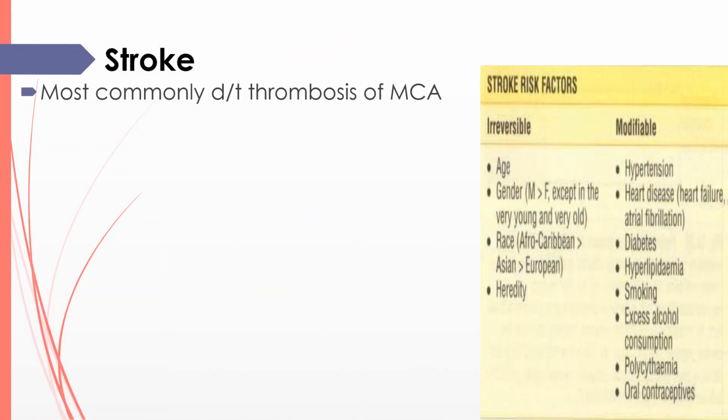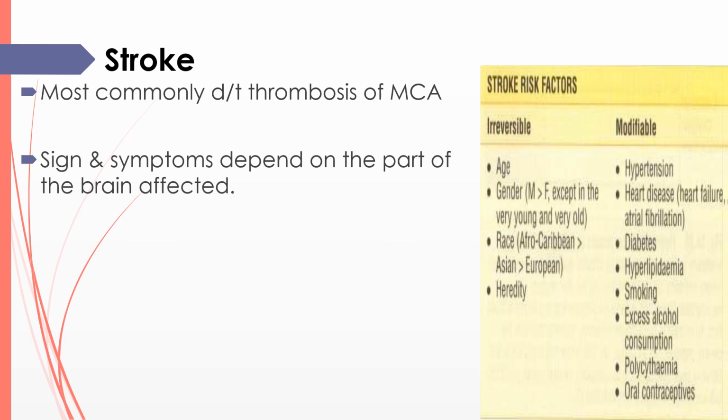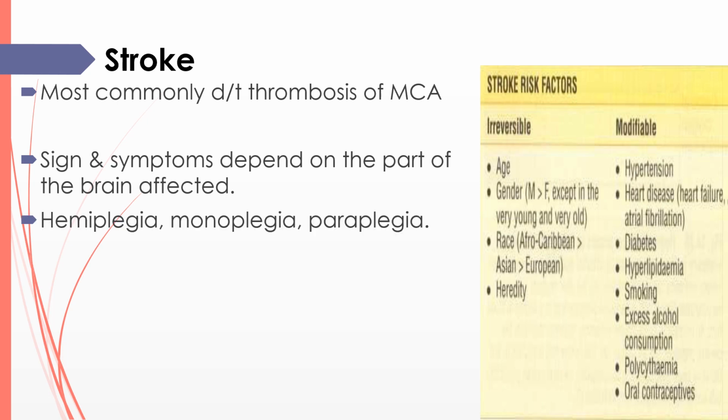Stroke most commonly happens in the middle cerebral artery, by thrombosis of the middle cerebral artery. The signs and symptoms differ; it all depends on the area of the affected brain.